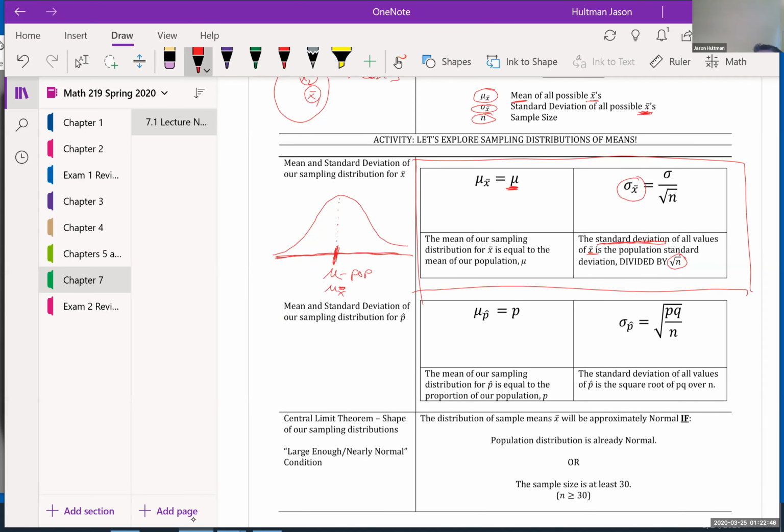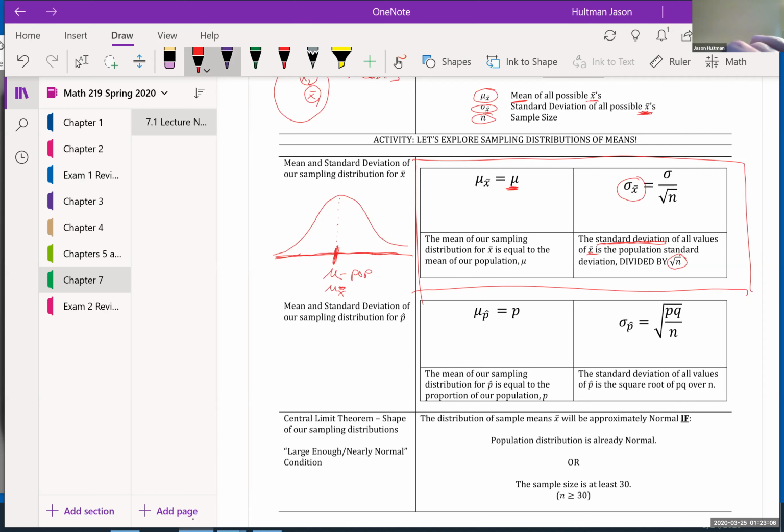But if I take all of the sample means and then take the standard deviation, I have to divide by the square root of the sample size.